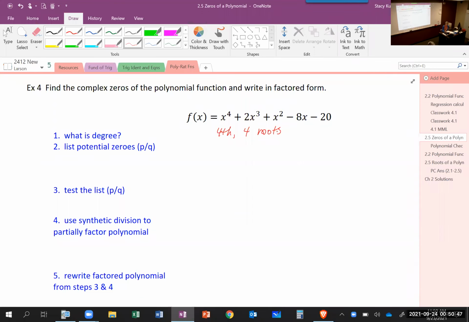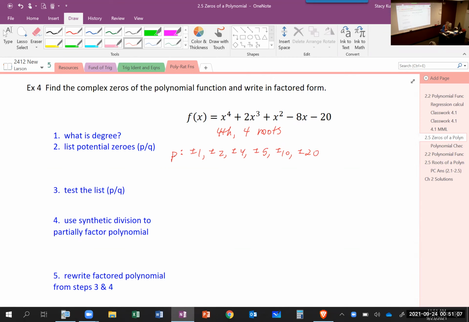We still list the potential zeros by taking the factors of p, plus or minus 1, 2, 4, 5, 10, and 20. Those are all the factors of 20, right?